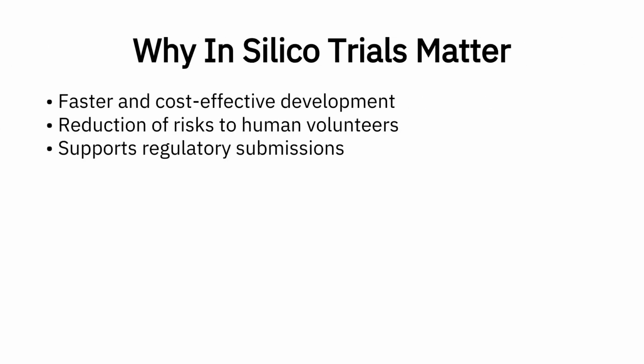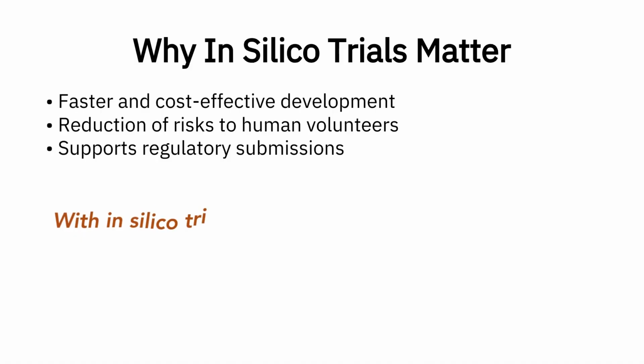In traditional drug development, a new treatment can take more than 10 years and billions of dollars to reach the market. Along that journey, countless promising compounds fail, not necessarily because they don't work, but sometimes because testing them safely and effectively in humans is too slow, too risky, or too expensive.